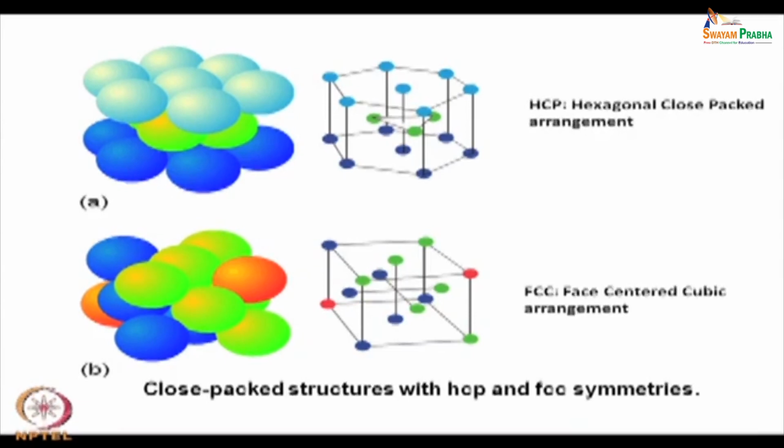Along that direction, the distance of separation between the neighboring atoms is the lowest, and so the distance to be traveled is also less. So, you need less energy for that movement of the atoms along that close packed direction or on the close packed plane. So, that is the concept of slip plane.